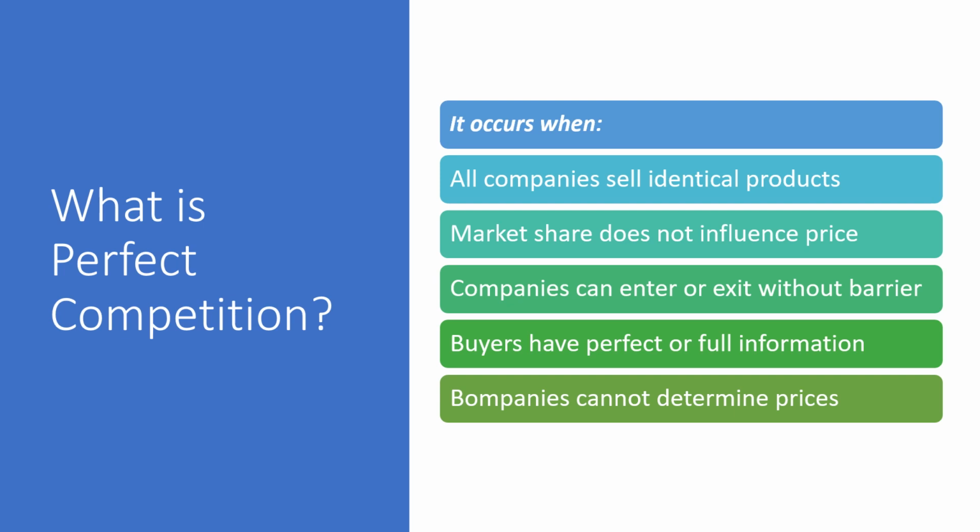So, last thing I will say is just what is an example of perfect competition? Let's consider a farmer's market where each vendor sells the same type of jam. There's no differentiation between each of their products as they use the same recipe and they each sell them at an equal price.